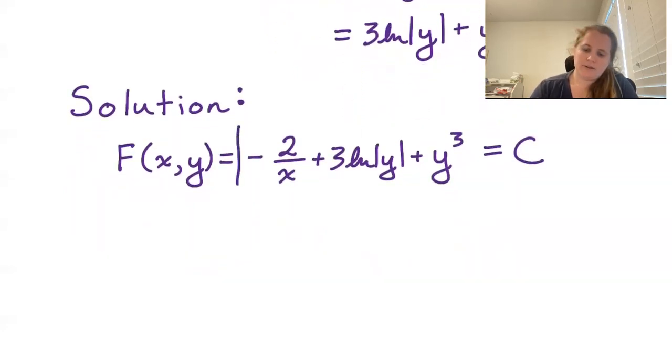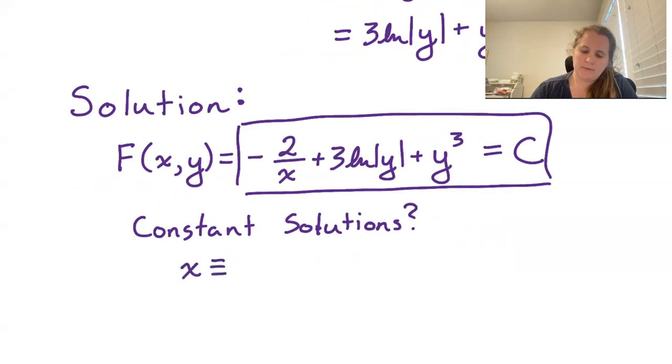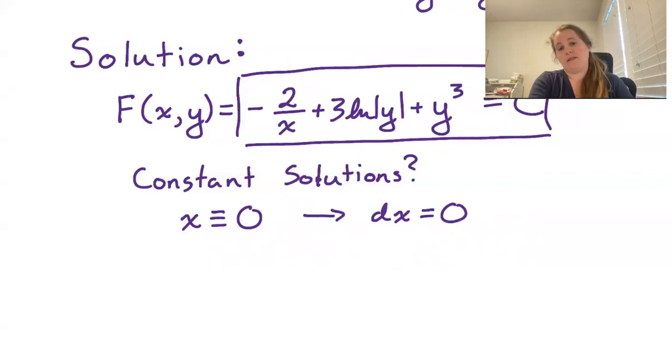And then we have to also check our potential constant solutions. So we had x identically equal to 0 and y identically equal to 0. Let's start off with x identically equal to 0. That means x is equal to 0. It also means that we can view dx as equal to 0 since x is not changing.